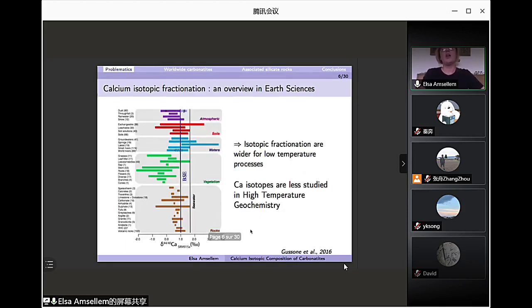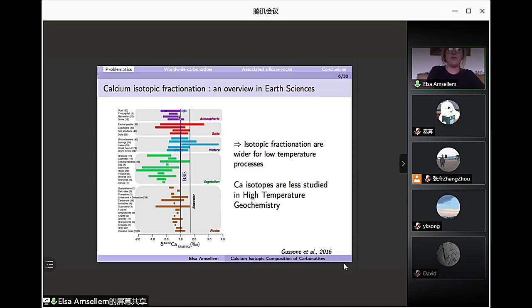Calcium isotopic fractionation has been widely studied for low temperature processes, because at low temperature it is easier to fractionate calcium isotopes during processes. Here, for example, is a compilation of the calcium isotopic composition from Gussone et al. 2017 of different reservoirs, and most of these reservoirs come from low temperature processes, such as atmosphere, soils, waters, vegetation, and low temperature rocks.